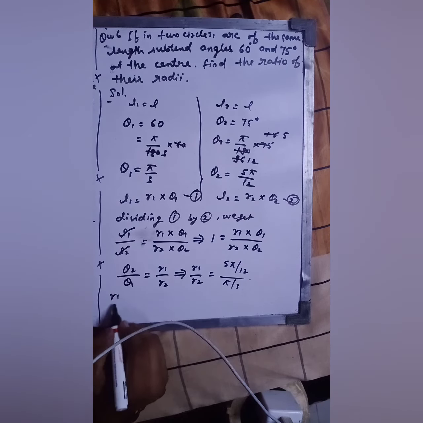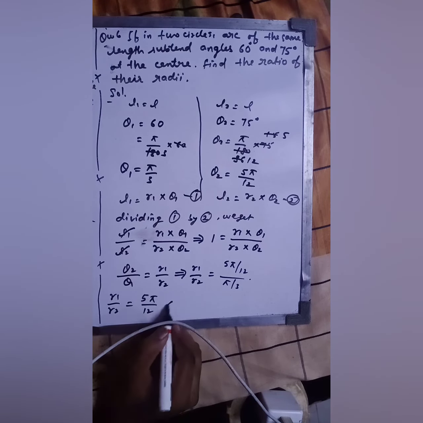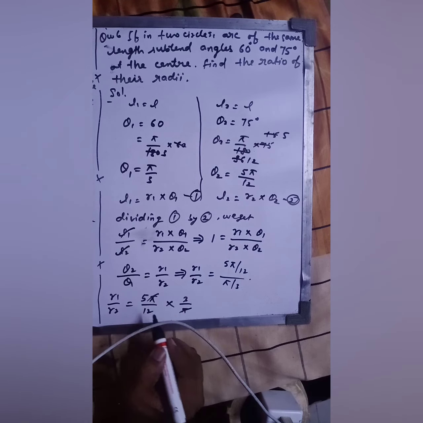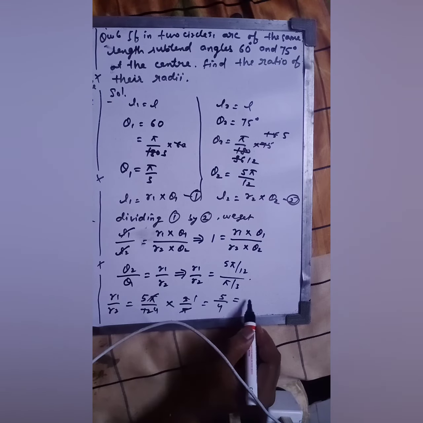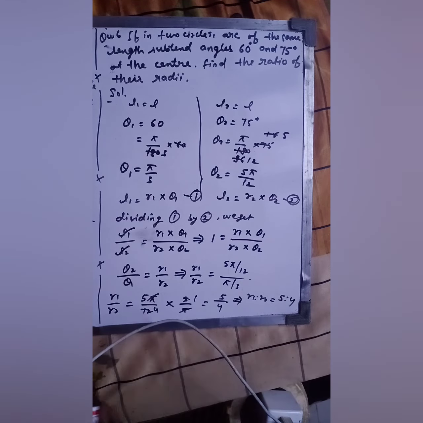Okay, so your R1 upon R2 is equal to 5 pi by 12 into 3 by pi. So here pi and pi you can cancel out, this and this will cancel out, and the ratio would be 5:4. So R1 ratio R2 would be 5:4. This is your final answer of question number 6. Okay, so this is how you can solve this question.